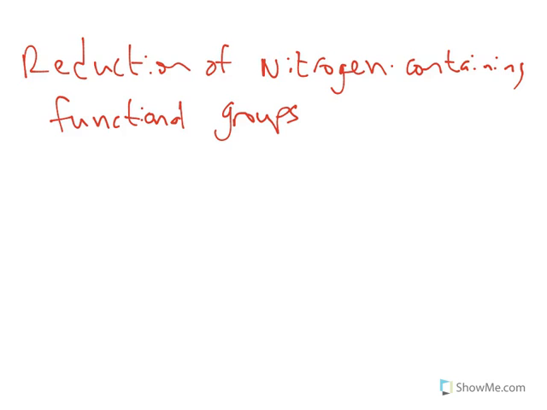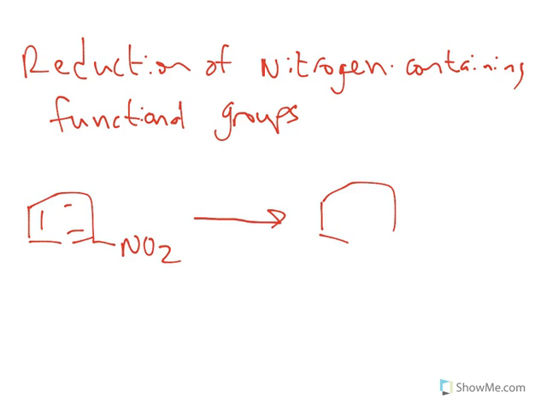If I take just nitrobenzene, I can reduce the nitro group down to an amino group. We've seen this before, and ways we can do that. So what I'm going to do is put H in brackets. Whenever you see H in brackets, that means reduction. It doesn't mean concentration of hydrogen like it did back in general chemistry. It is reduction. And the opposite is if I put an O in brackets, that means oxidation.